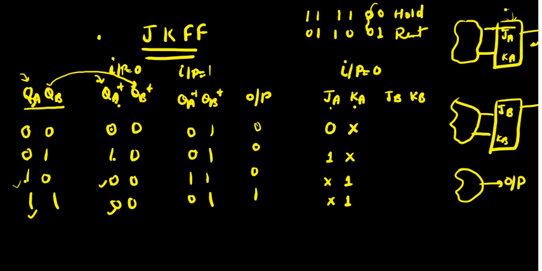So 0 0 we have already seen means 0 cross. 1 0 we have seen cross 1. Just draw the excitation table of JK here. QA, Q plus, and JK.